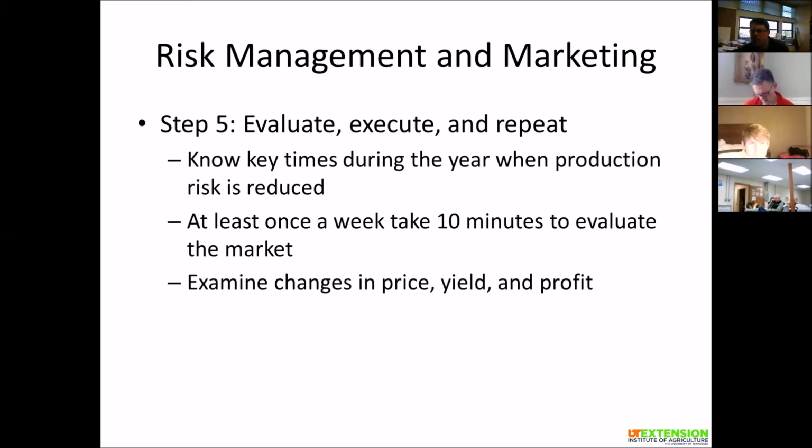Examine your changes in price, yield, and consequently profit. The one that I didn't mention in that profitability matrix that changes during the production year as well is the fact that you might have to add in an extra spray, or maybe you can get away with not making that extra spray. So again, you can adjust that cost of production in season with that marketing matrix as well.